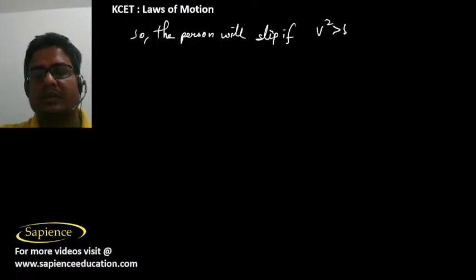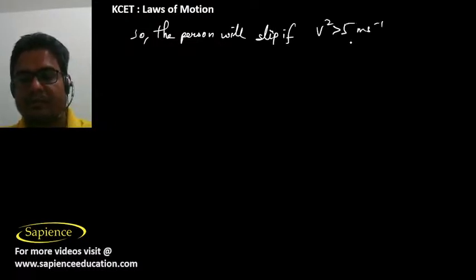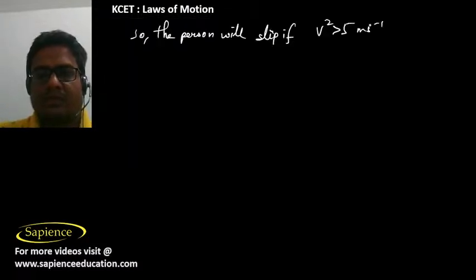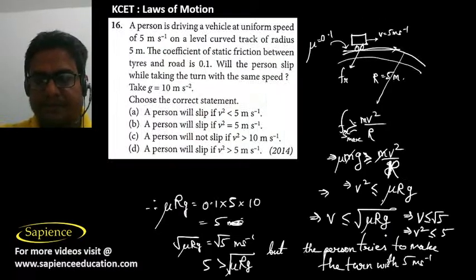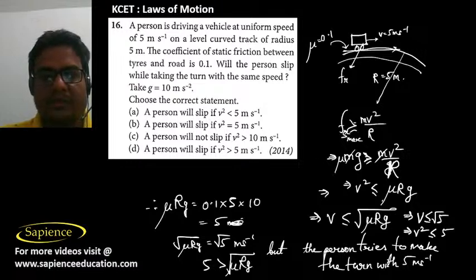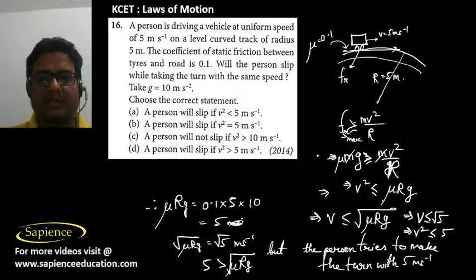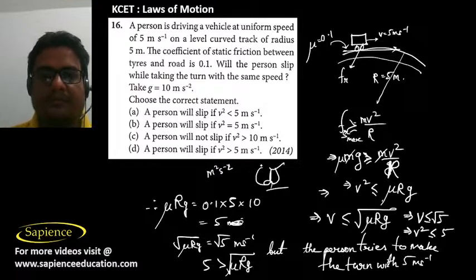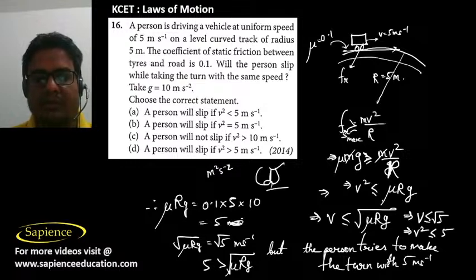Actually the unit should be meter square per second square. So option D is the correct answer. But here the unit should have been given as meter square per second square, since v square is not the speed, it is the square of the speed.